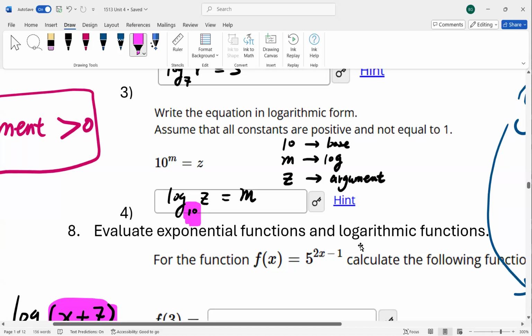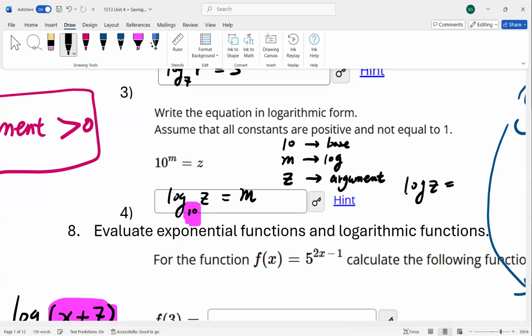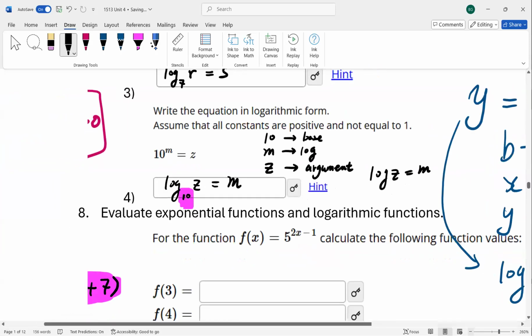So sometimes you don't really have to write it, but I believe if you put a 10 there, it will not be marked wrong. It's still correct. So basically it is log z equals n. The base is 10, but we don't really write it out. Common log. So far so good, guys?